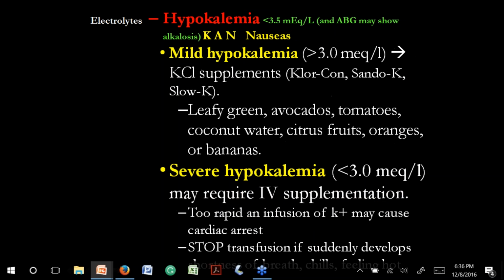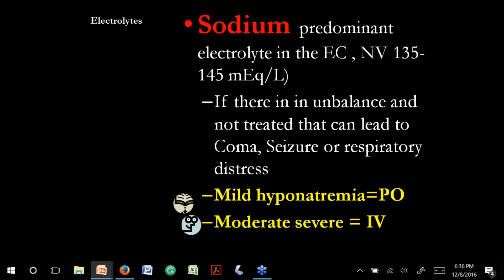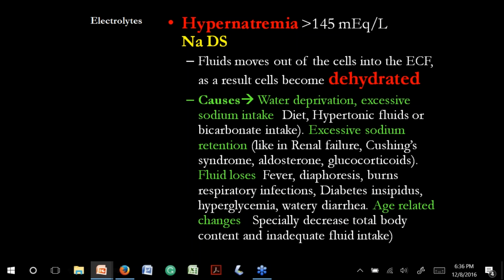All right, so sodium. We are going to see that when you have mild hyponatremia, you can give increased salt in the food, so PO. When it's moderate to severe hyponatremia, you need to treat it by IV.